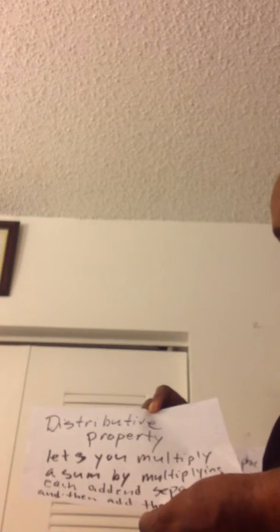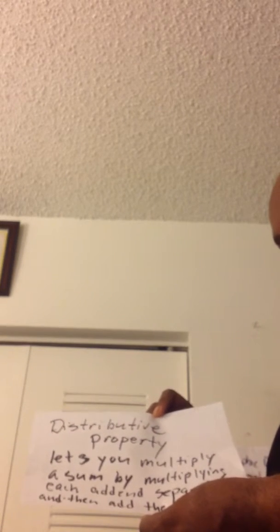Then I will ask them, what do you think distributive property means? I probably would have done that before I actually showed this. Then we will read it together. The distributive property lets you multiply a sum by multiplying each addend separately and then add the products. That's what the distributive property means.